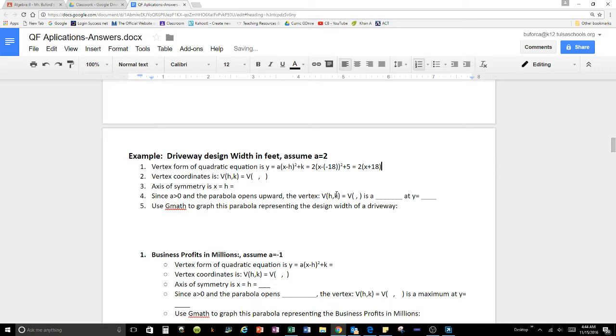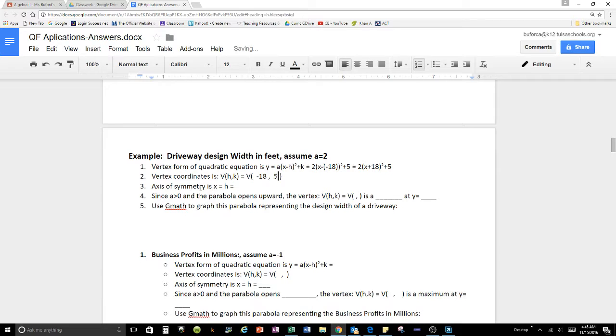Then remember, to get our exponent here, it's going to be control period 2, and then hit control period again, brings us back down. That's a plus 5. Now we know the vertex is at minus 18 for h and 5 for k.